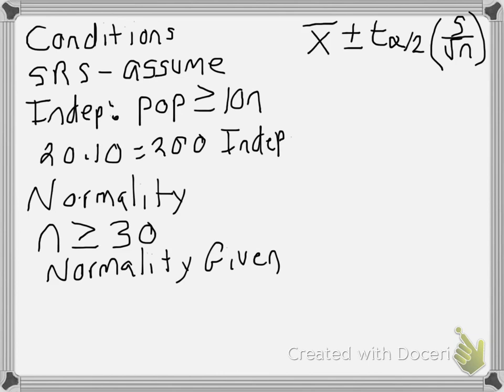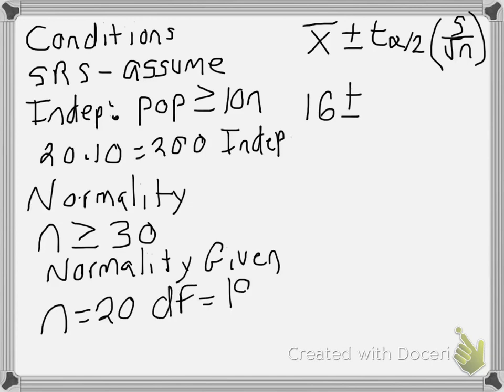Okay, well, it says that x bar, the average, was 16, so we've got 16 plus or minus t of alpha over 2. Well, how do we find t of alpha over 2? Oh yeah, we want to go back onto our blue sheet and find our t score. So we had 20 teachers, so n was 20. So what's our degrees of freedom? 19.